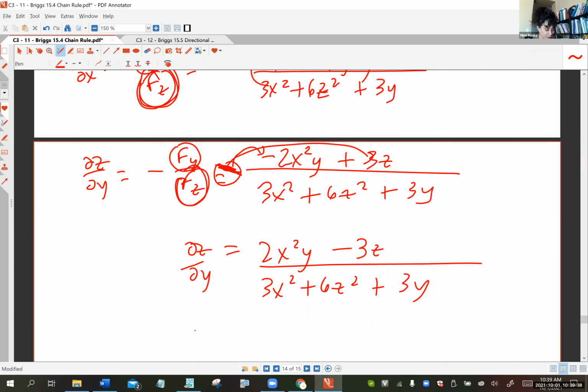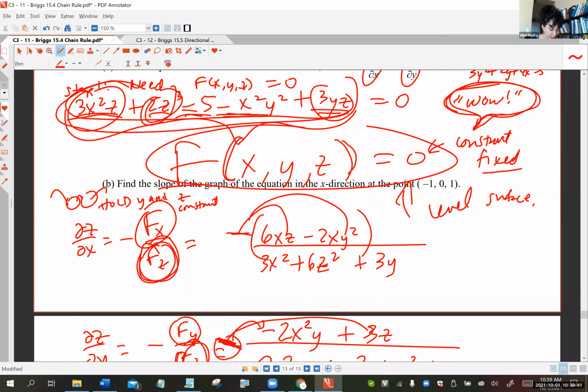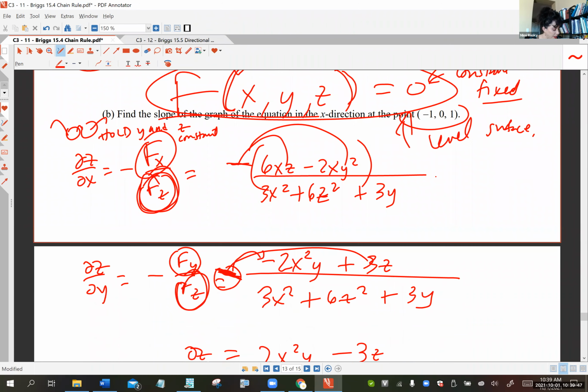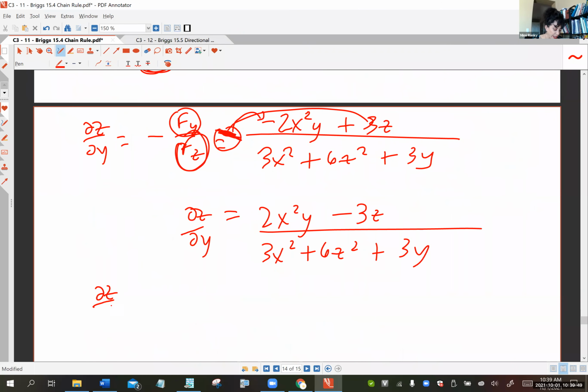Now, the last little piece that they want us to do, which I didn't give myself enough room, is what is the slope of the graph of the equation in the x direction at the point (-1, 0, 1)? Well, that would just be evaluating your dz/dx at the point (-1, 0, 1). And there's just a lot of substitution you're going to do.